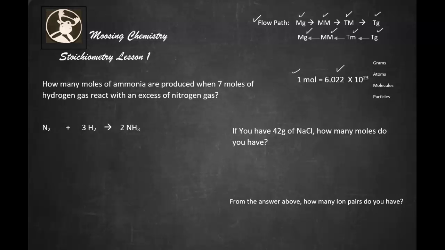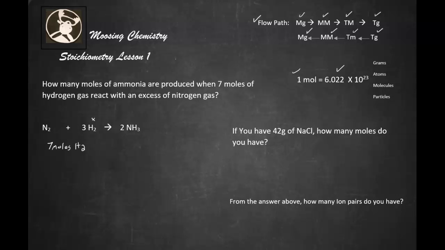How many moles of ammonia are produced when 7 moles of hydrogen gas react with an excess of nitrogen gas? Okay, so I've got 7 moles of hydrogen gas, and I'm going to convert it to moles of ammonia. So I'm going to need to use the ratio of hydrogen to ammonia.